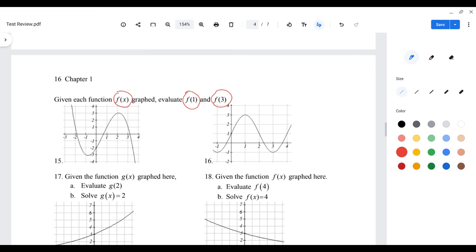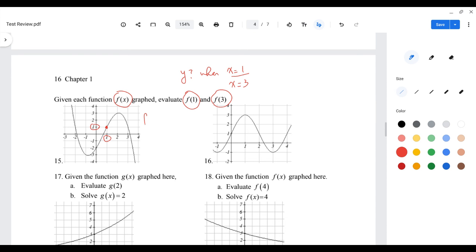So basically, what it asks you is, what is y when x equals 1 and when x equals 3? Very straightforward. So when x equals 1, go to number 15. x is 1 right here. If you go to the function, it's this dot. This dot, the y is 1.